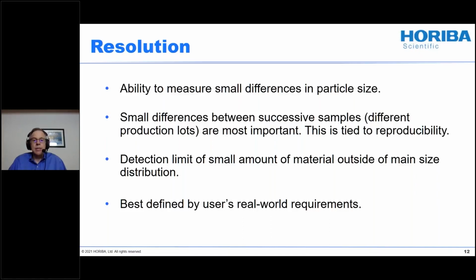Think about what you need, whether both of these, just the first, or just the second, and what your real-world requirements are. Because once you know what you need to resolve, you can better evaluate your method development results to see which way is going in the right direction.